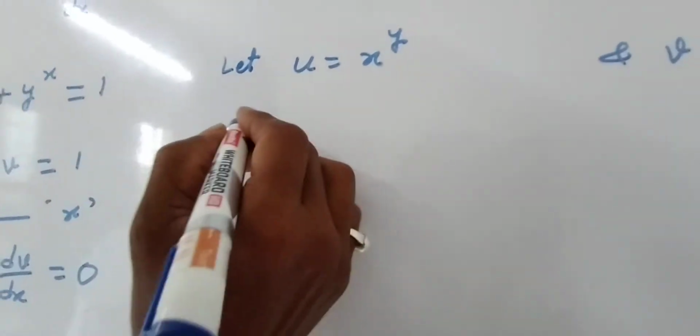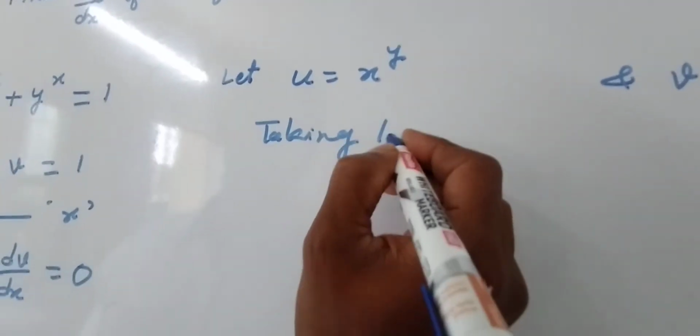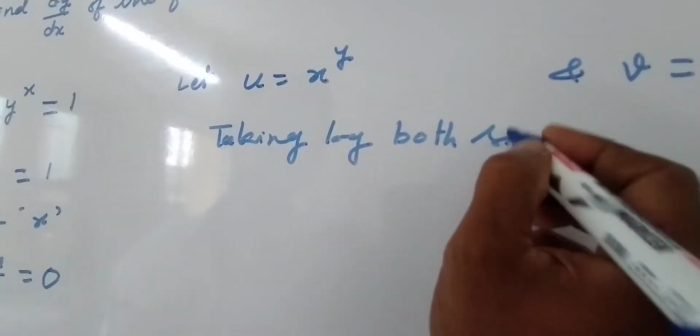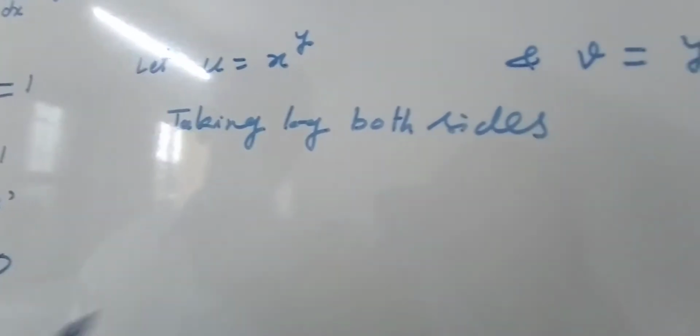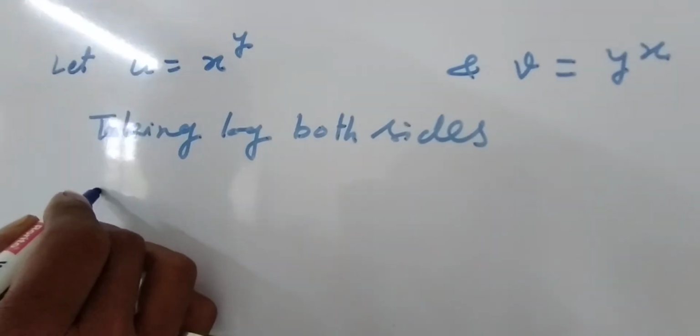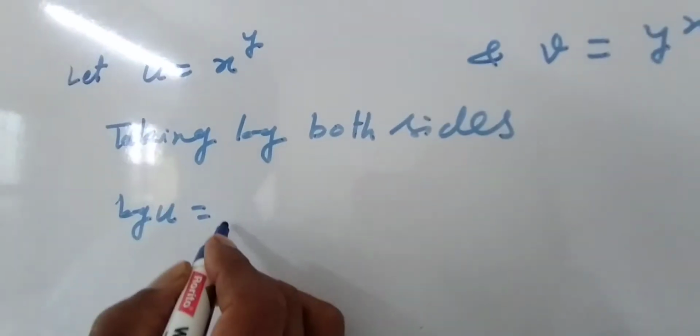So here, taking log on both sides in both the functions. In the first function, log u equals y log x, as y comes out in product form.